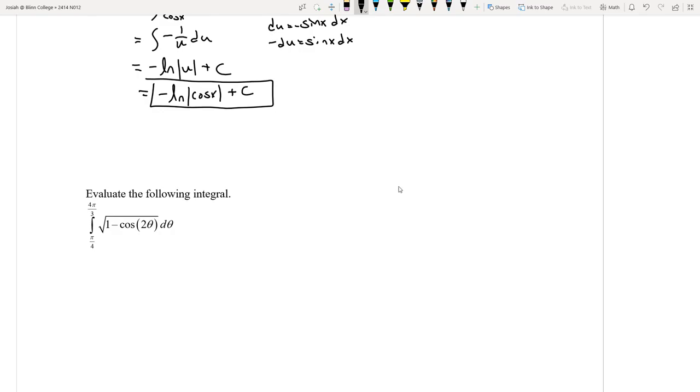So one thing that we could do here is multiply by 1, and we'll do it in the form of 1 plus cosine of 2 theta. Because we know that multiplying by the conjugate here, it's not the conjugate of the root, but of our binomial, will end us with the difference of squares.